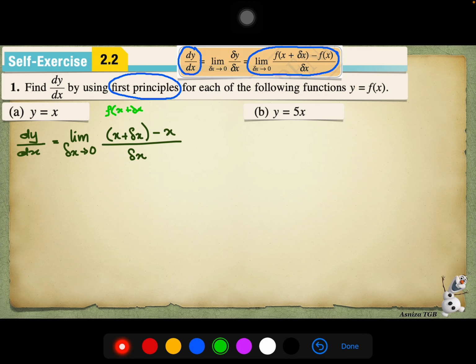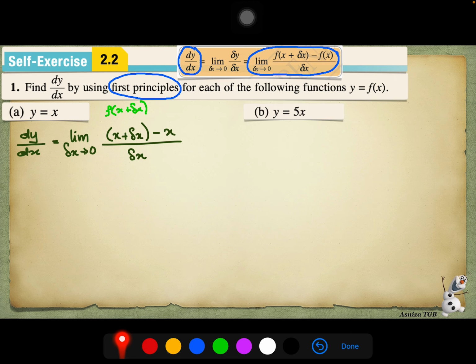We substitute into function f. We have x as our function, our y or f(x). So when we have x as x plus delta x, it is x plus delta x. And then we minus f(x). f(x) is x itself, so we minus x, and then divide by delta x.